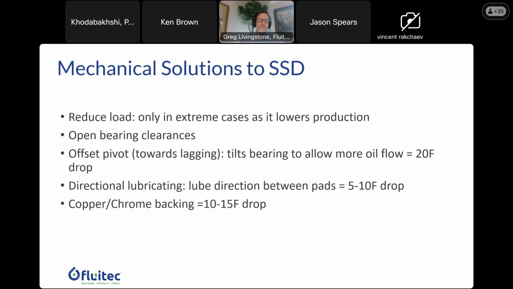The OEM's often involved, but unfortunately, except for reducing load, these are things that have to basically take place during an outage. So if you are operating and you don't have another outage planned for 24 months, and you cannot bring this piece of equipment down, you need to also investigate if there are any solutions that can be applied while the actual system is operating.